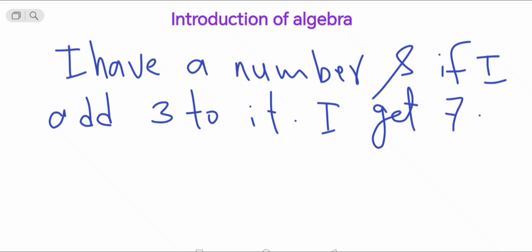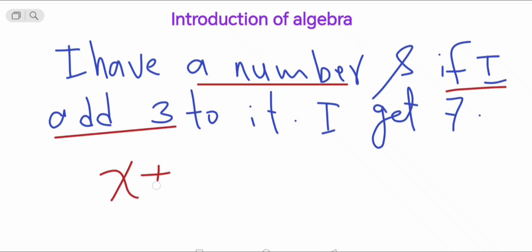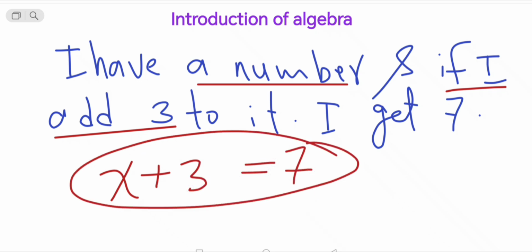So this is a statement. How to write this in algebraic form? It means I have a number which is unknown, I don't know. So an unknown number we write in algebra as an x or any letter. And if I add 3, so plus 3, it becomes 7. So this form is called algebraic form. Clear?